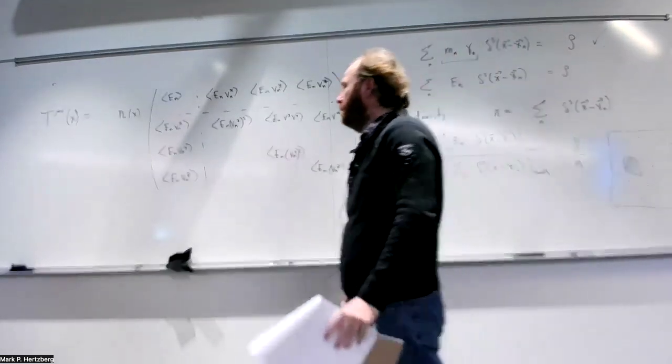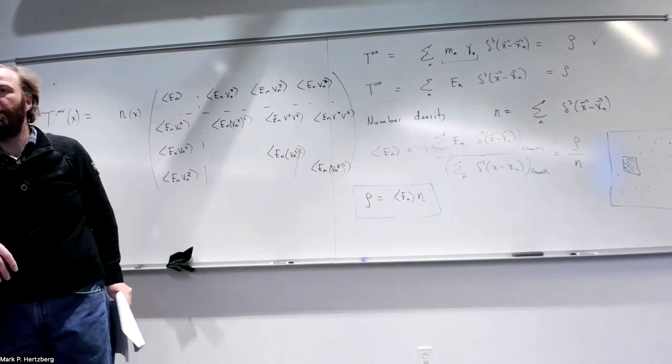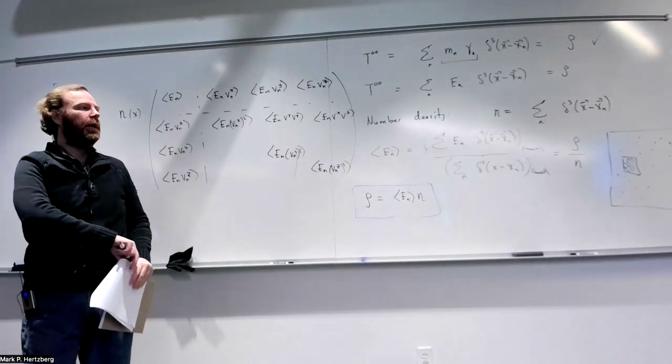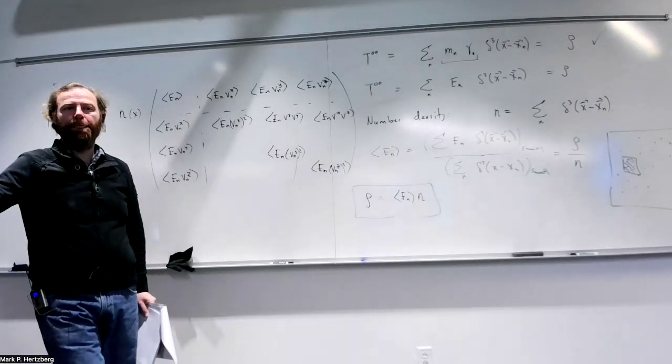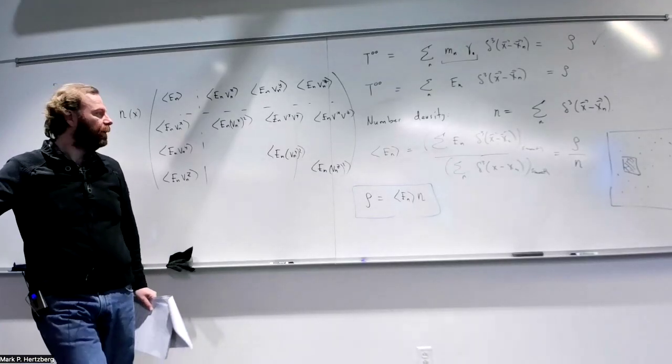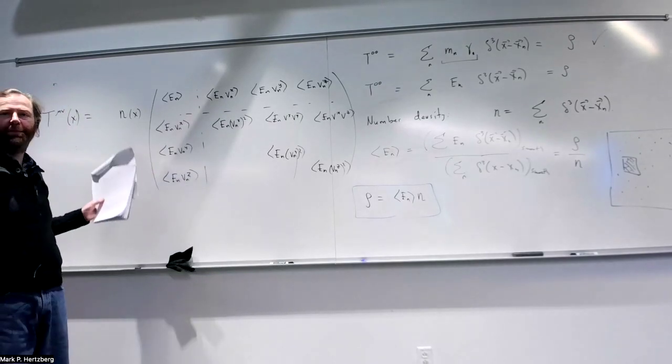Now we want to say something about what the values of these things are if we impose our assumptions of homogeneity and isotropy. Any questions about this structure? Is everyone okay with this?